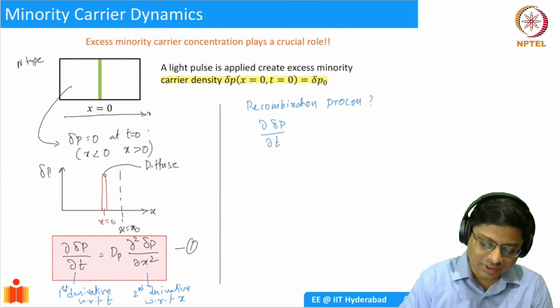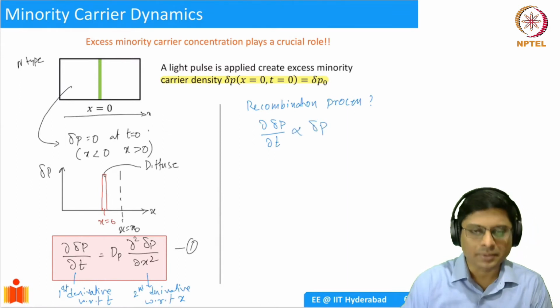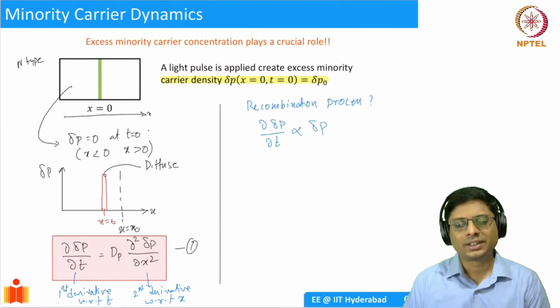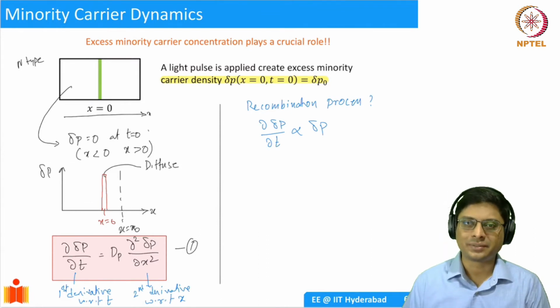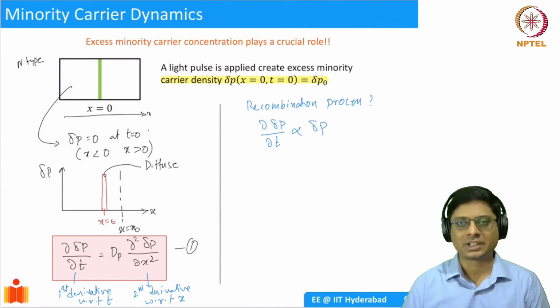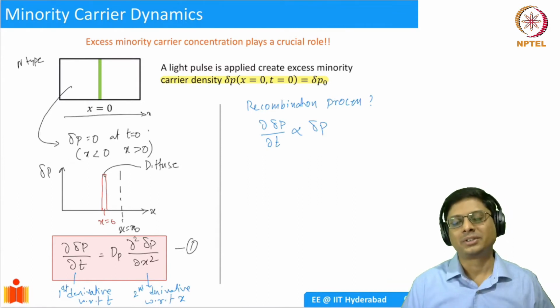And whenever you consider recombination process, we know that it is going to be proportional to the excess minority carrier density delta p. Think about it. How will be the rate of change of minority carrier density? Will the minority carriers increase with time or decrease with time? Because whenever you are recombining electrons and holes, your minority carrier density is reducing, right?